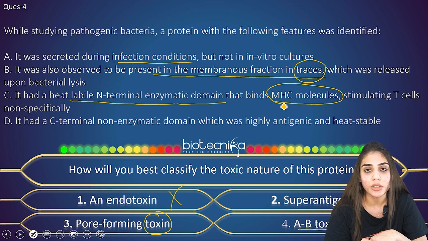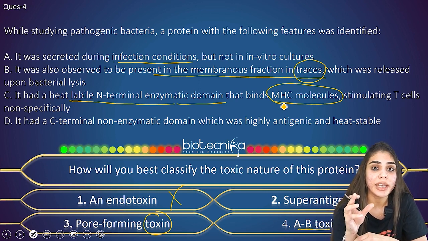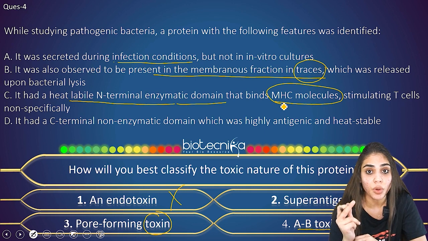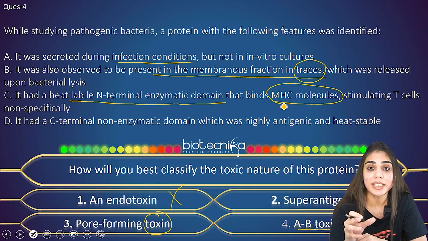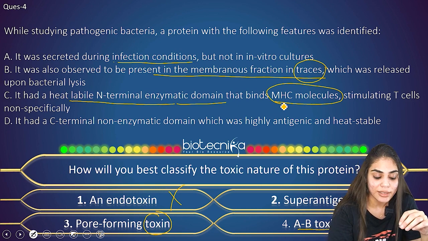But if we see superantigen, they belong to the class of antigens that non-specifically activate T cells. T cell activation happens by the APC, the antigen presenting cell, because in the previous question we saw APC presenting peptides to T cells. The T cell receptor will be present.